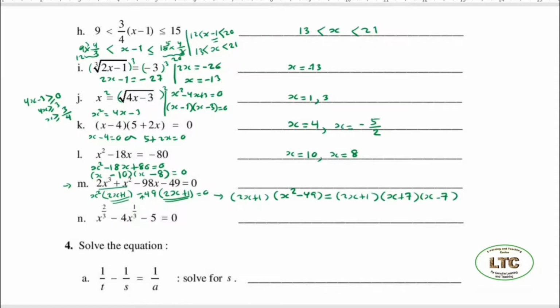So three factors. 2x plus 1 is 0, or x plus 7 is 0, or x minus 7 is 0. If you solve 2x plus 1 is 0, 2x is negative 1, x is negative 1 half. x is negative 7, and x minus 7 is 0, x is 7. Three solutions.